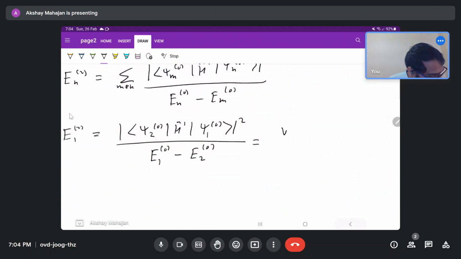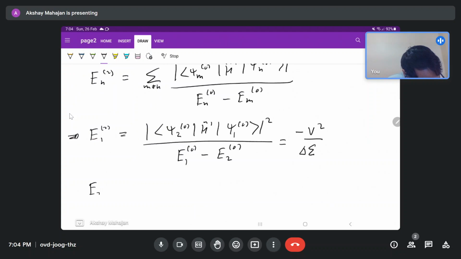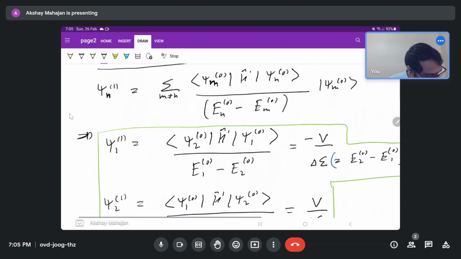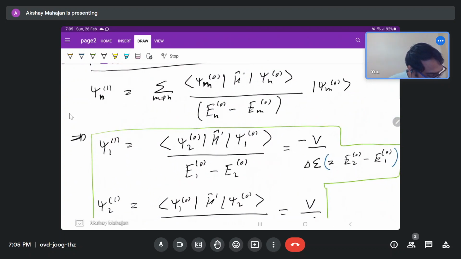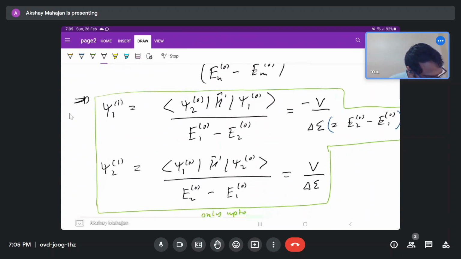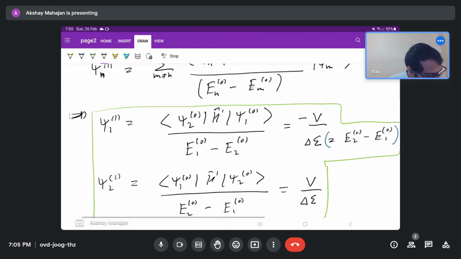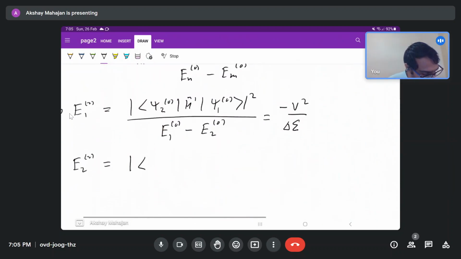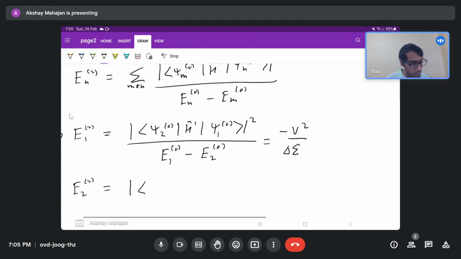So what we will get is v square divided by, again a minus sign and delta E, because it will be minus v square by delta E. While for the second order correction for the second state, let me check that I did this correctly. Yes, we just have to use the formula.